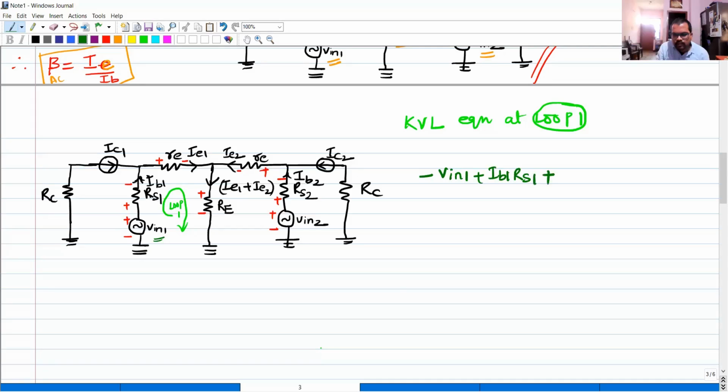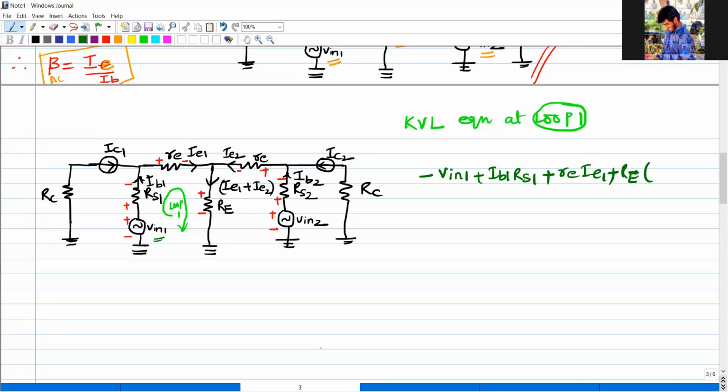Then plus RE IE1, plus RE into IE1 plus IE2 is equal to 0. Yes or no? It is a KVL equation.